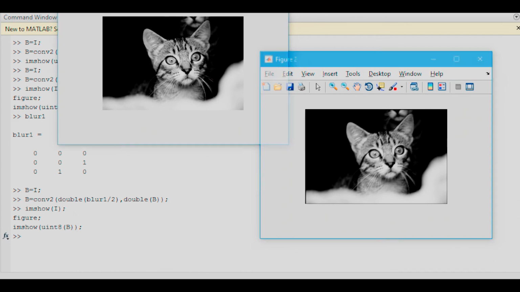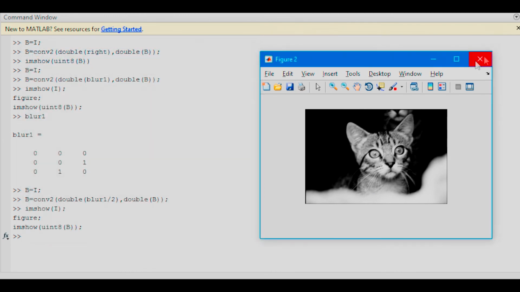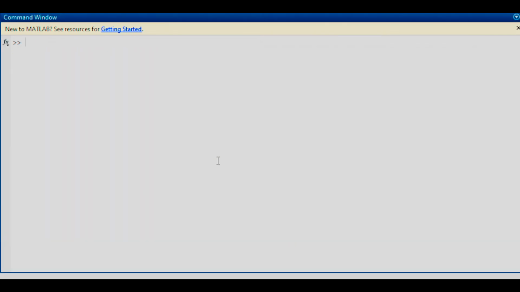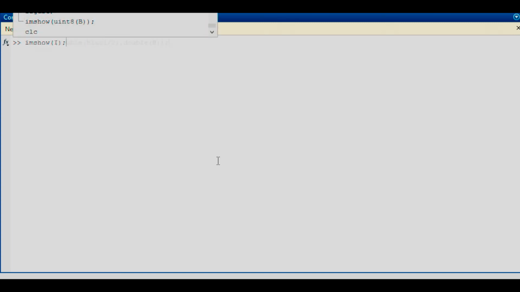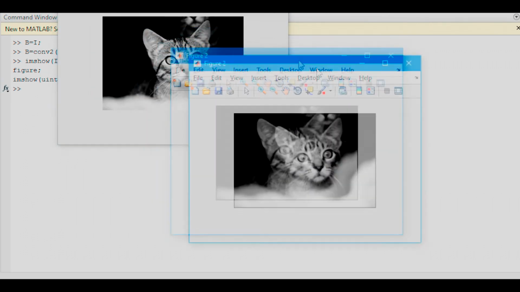Here's a blurred image and here's the original image. You can clearly see that a blur has occurred, and if I convolve it with blur 2, which I'm going to do right now, you'll see the blur will get better, because the blur 2 matrix has a larger standard deviation of the Gaussian bell curve than blur 1 did. And if you look at it, it really does blur it much better.